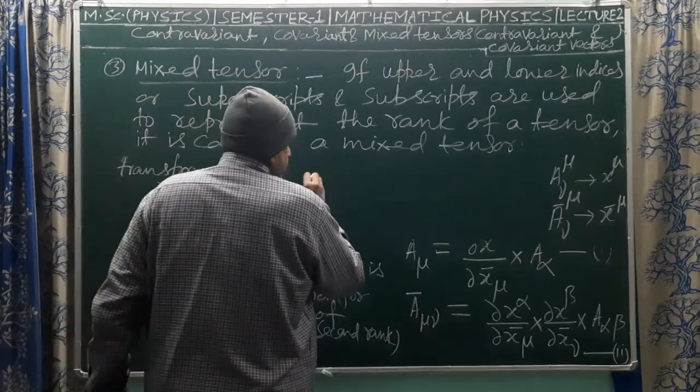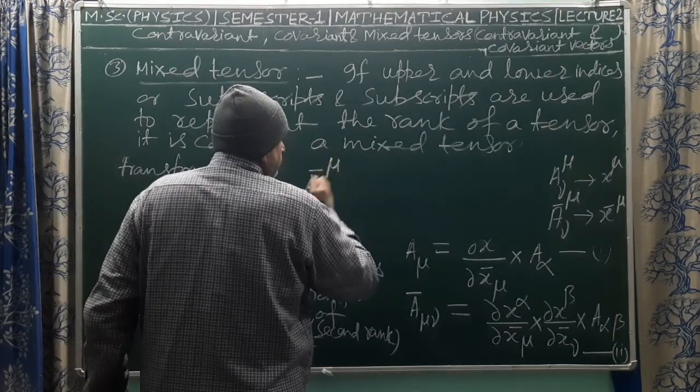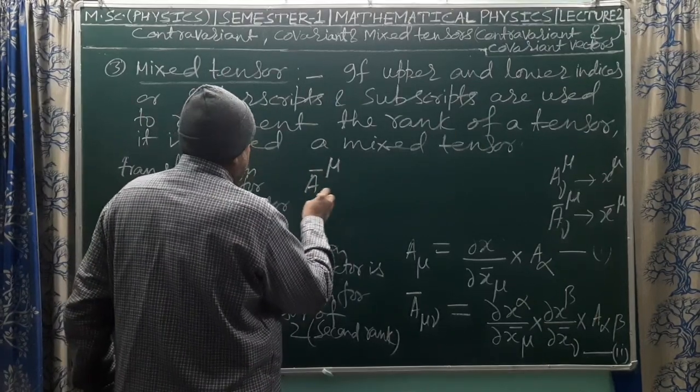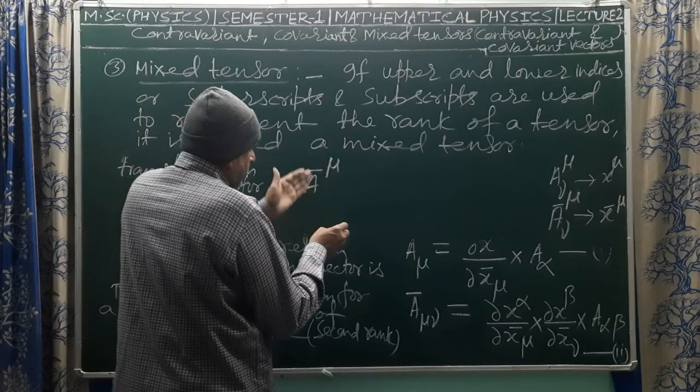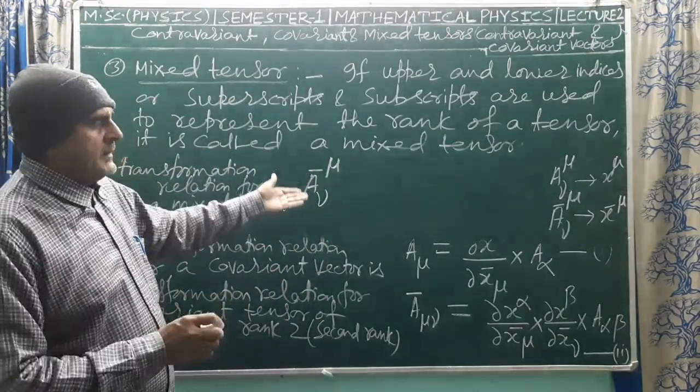is given by a bar, in another system, a prime coordinate system, with variables. a bar mu as an upper index, that is a superscript, and nu as the lower index or subscript.